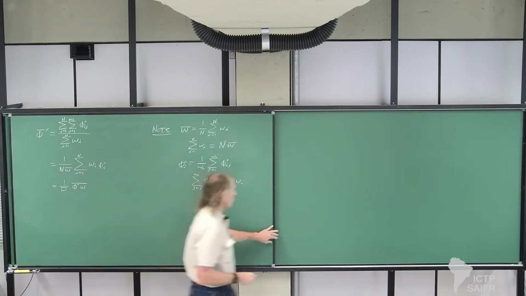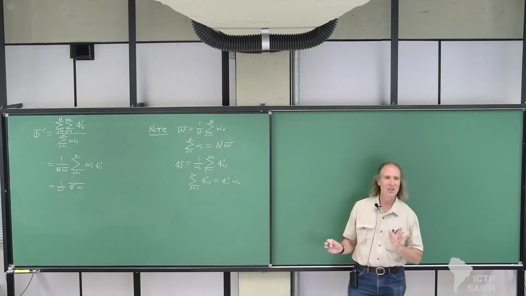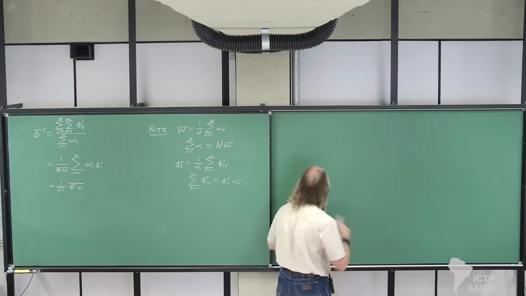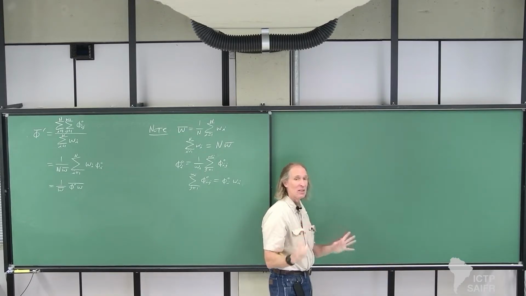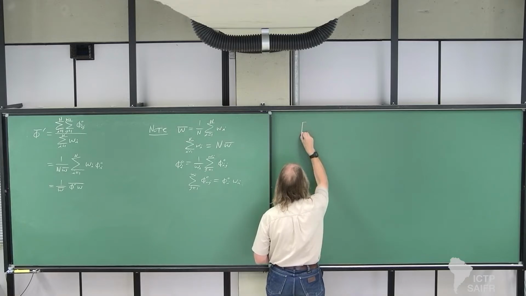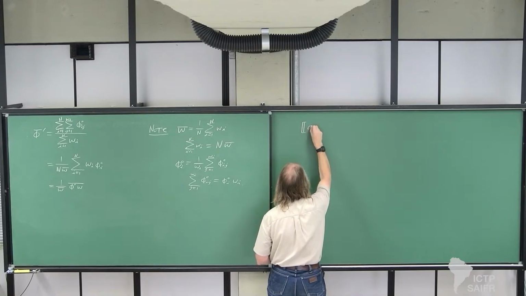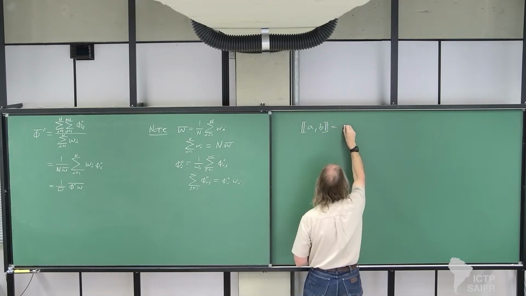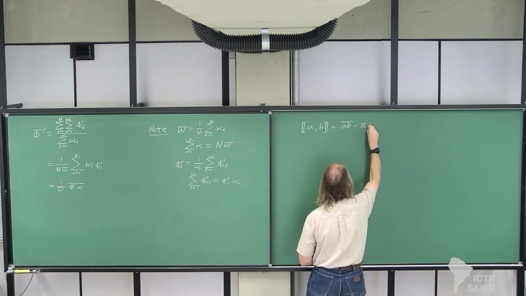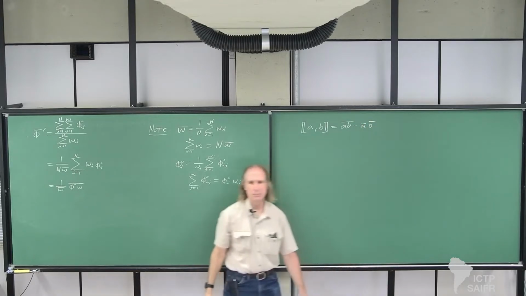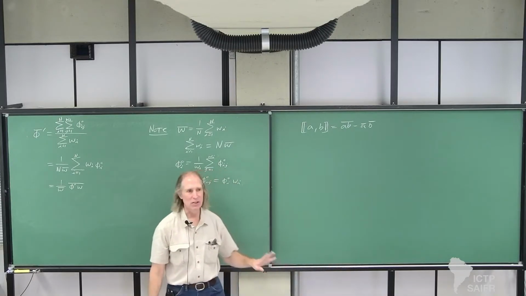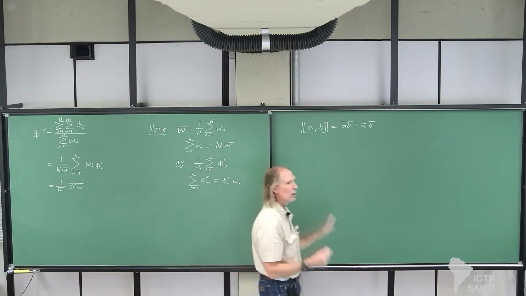And when I talked about variances and covariances earlier, I didn't remind you of this, but it's important to remember. You probably remember this from intro statistics, but this is something we're going to use a lot. If I have a covariance of A and B, that's equal to the mean of AB minus the mean of A times the mean of B. That relationship is going to come up all over the place, and it is absolutely fundamental to the calculations we're going to be doing.